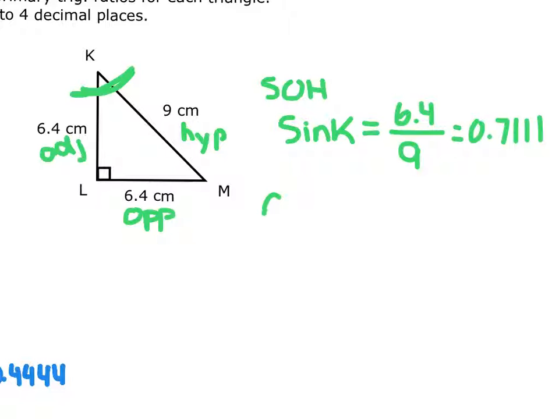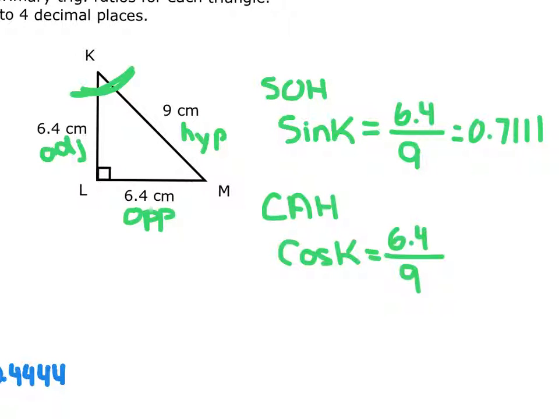Next we'll do cos, which is CAH. So we go cos from angle K equals adjacent over hypotenuse. So the adjacent side is 6.4 as well, over the hypotenuse side, which is 9. So we should get the same value as the first one, right?